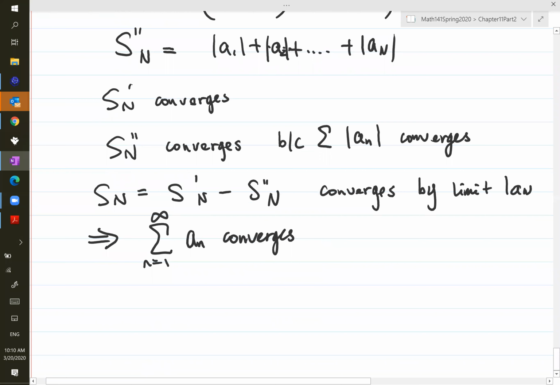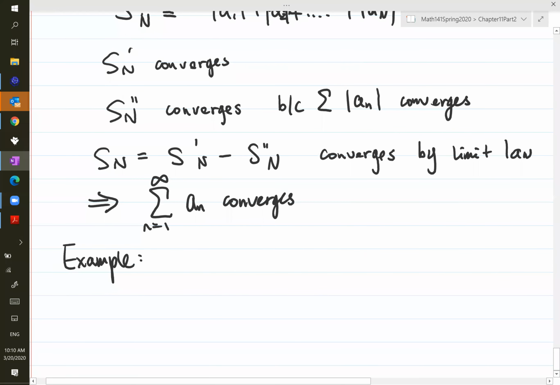Now some examples. Example: sine n over n squared, n from 1 to infinity.